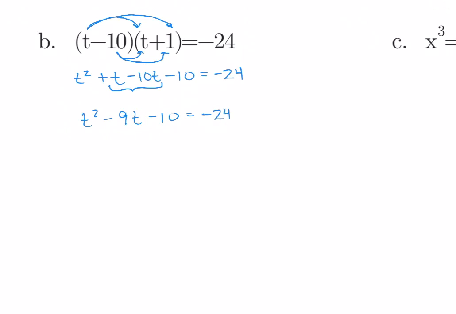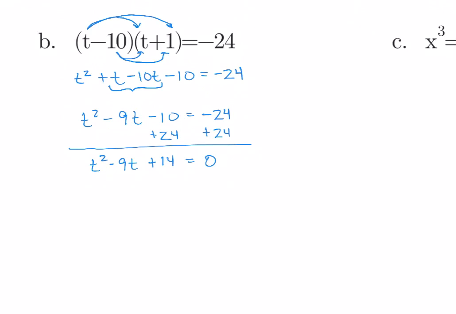And now I want to set equal to 0. So I'm going to add 24 to both sides. We get t squared minus 9t plus 14 equals 0.